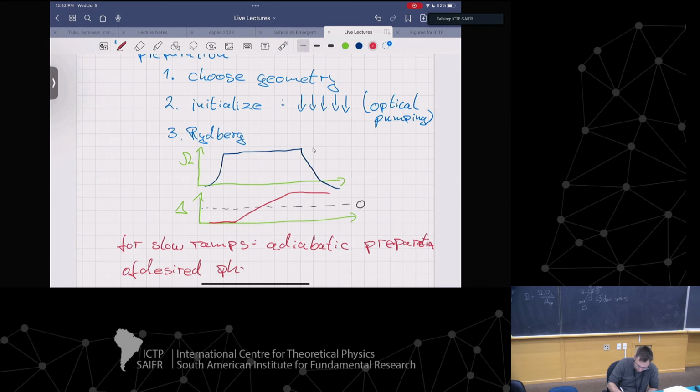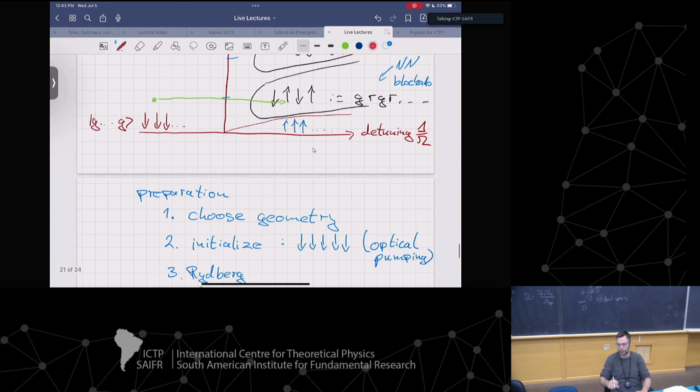So we start in a state that is easy to prepare, all atoms pointing down, and then we take, with the laser, the system on a trajectory, and if we do it sufficiently slowly, we get here, for example, into this antiferromagnetic phase.